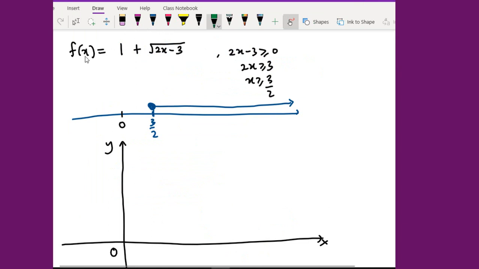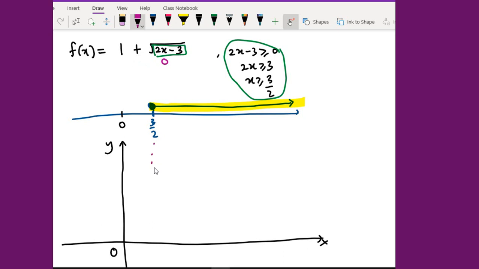For the second example, given the function 1 plus the square root of 2x minus 3. The domain follows the same procedure. Everything below the square root should be greater than or equal to 0. So the domain is from 3 over 2 onwards. Then we're going to sketch the graph. The minimum value of the square root here is 0, and 1 plus 0 means the minimum value for this graph is 1.